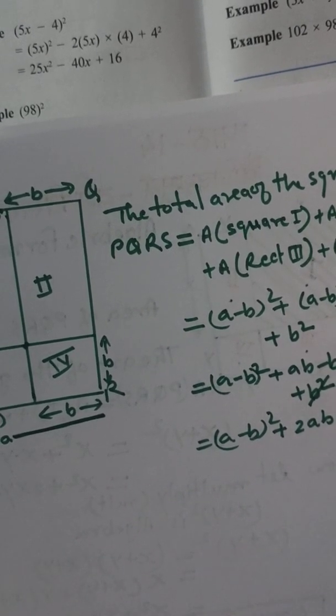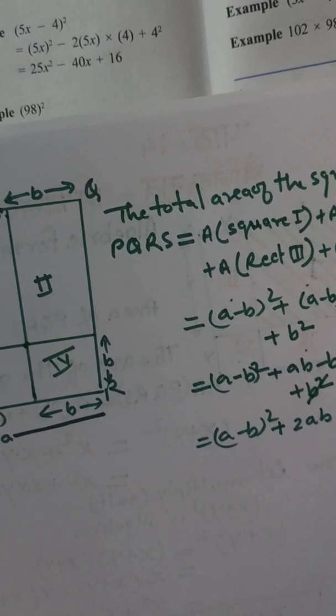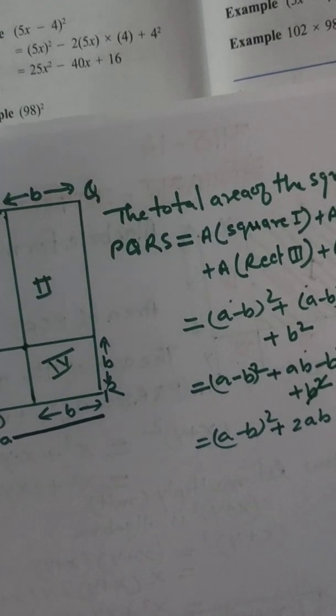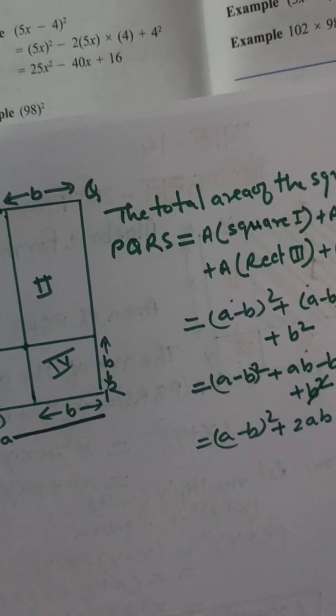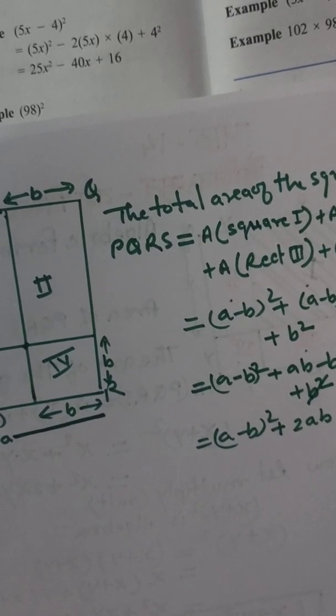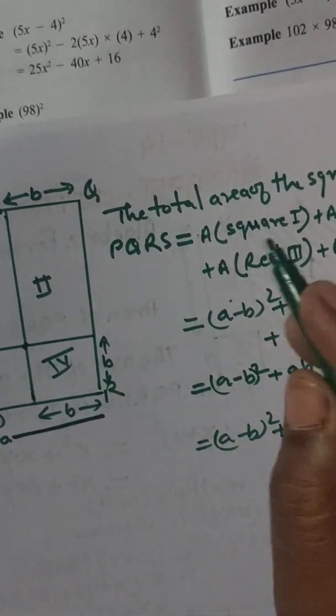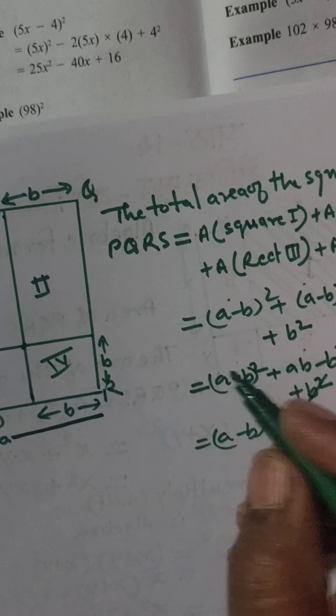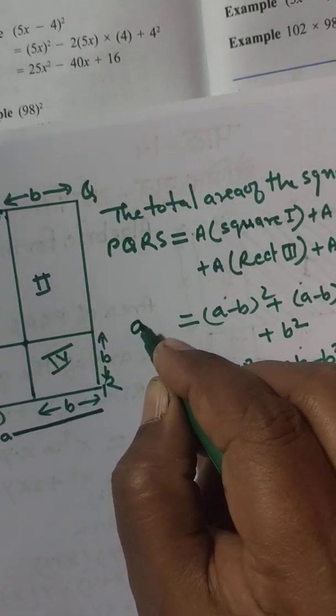A minus B whole square, A minus B into B, while the total area of this square is equal to how much? A square.